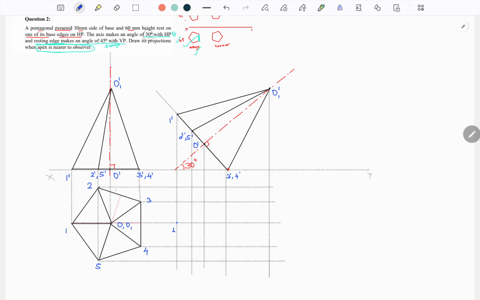Clear? 2 horizontal, 2 vertical, here is the point 2. 3 horizontal, 3 vertical, here is the point 3. 4 horizontal, 4 vertical, this is the point. 5 horizontal, 5 vertical, this is the point. O horizontal, O dash vertical, this is the point O, and O1 vertical, O1 dash horizontal, right?